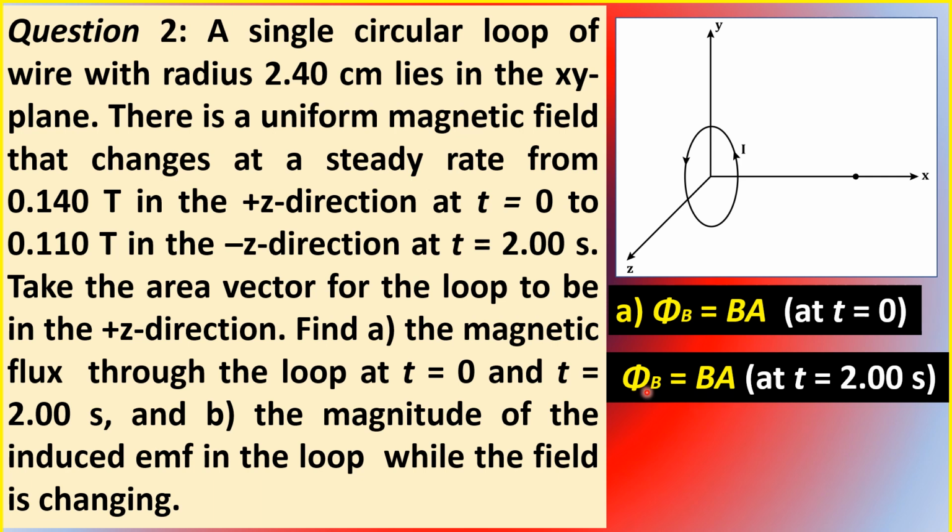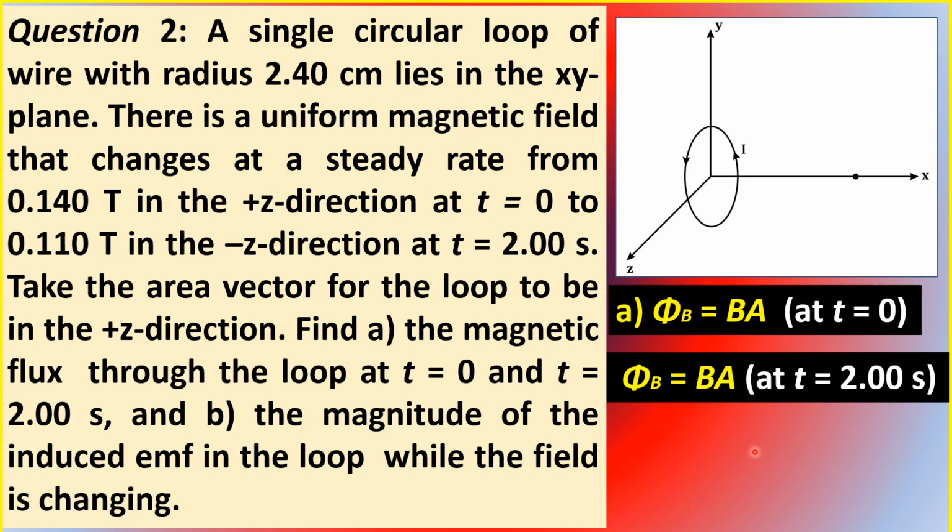But to get the magnitude of magnetic flux, we still follow the same formula. We just multiply the magnitude of the magnetic field and the magnitude of the area vector A. So these are the formulas that we're going to use in answering question letter A.